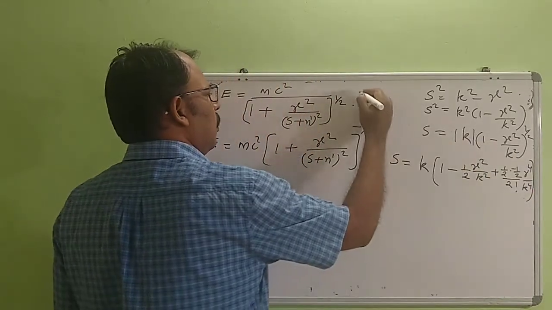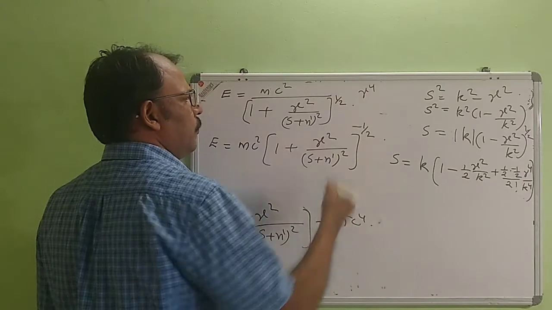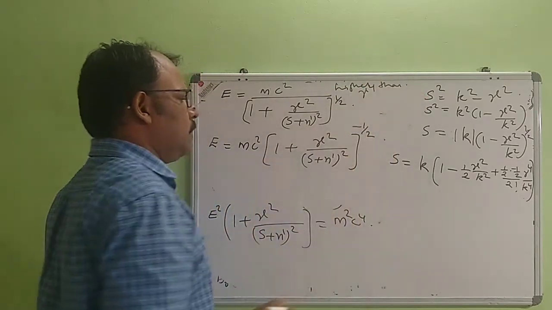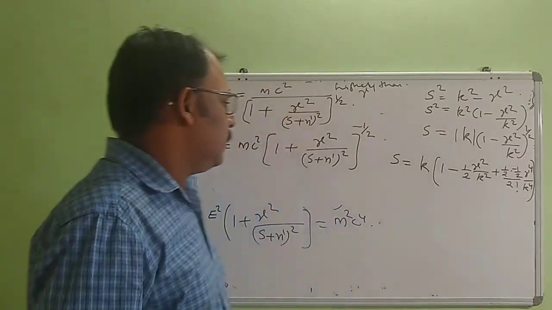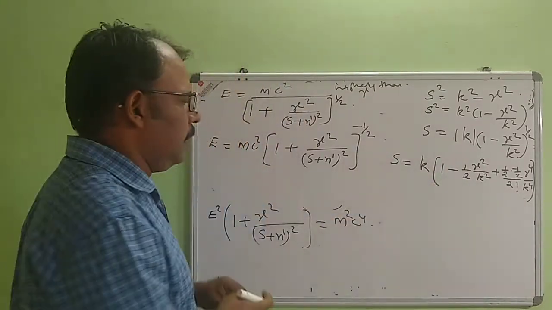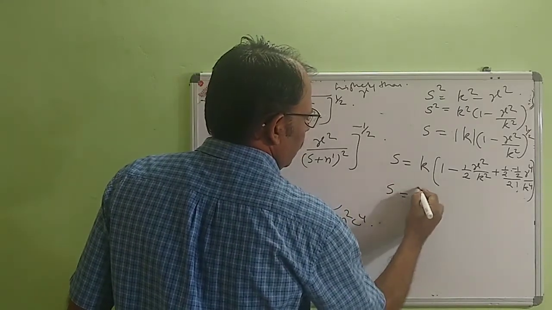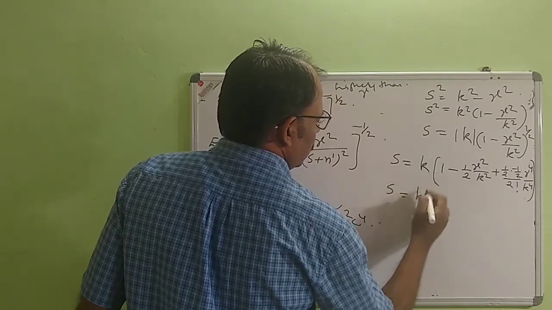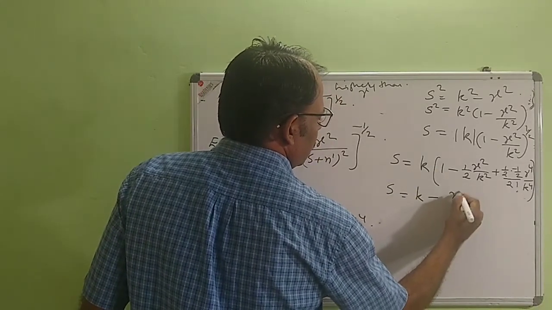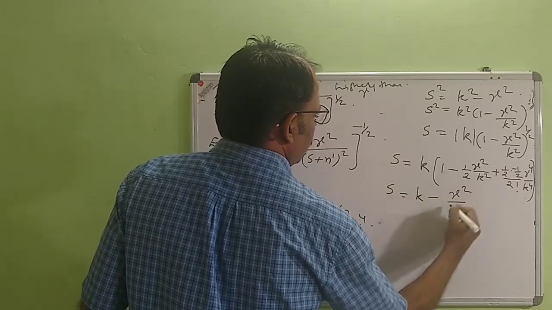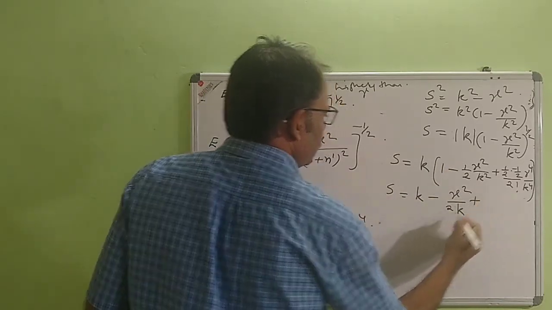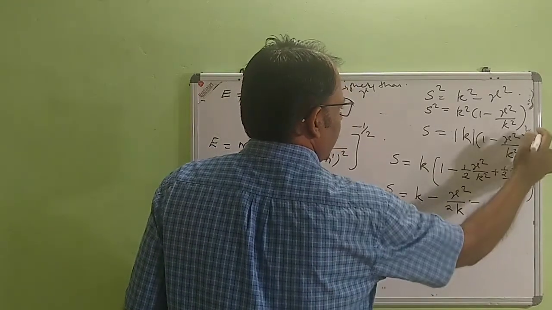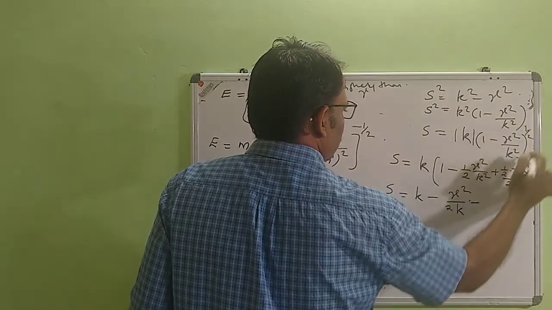We are neglecting all terms higher than gamma raised to 4. Higher terms are neglected. So when I take this s as k into 1, that is k, minus gamma square by k into 2k square, gamma square by 2k, plus this minus n into n minus 1, 1 by 2 into 1 by 2 minus 1, minus 1 by 2.